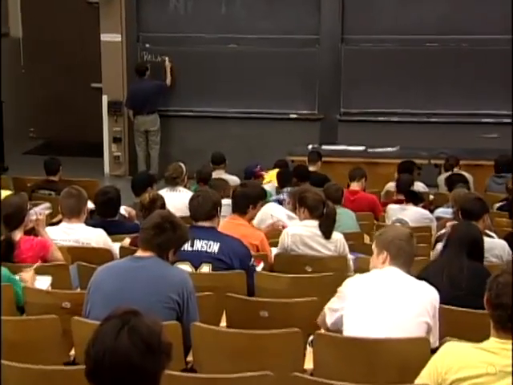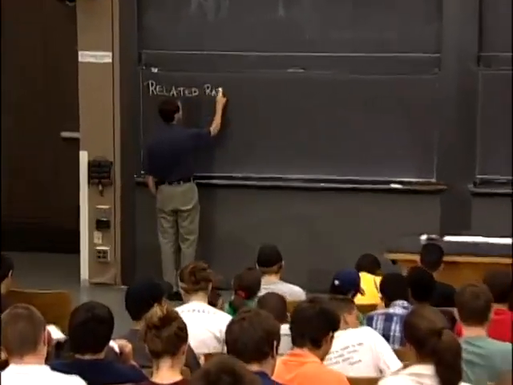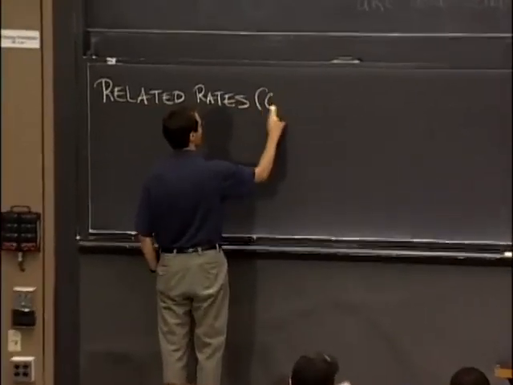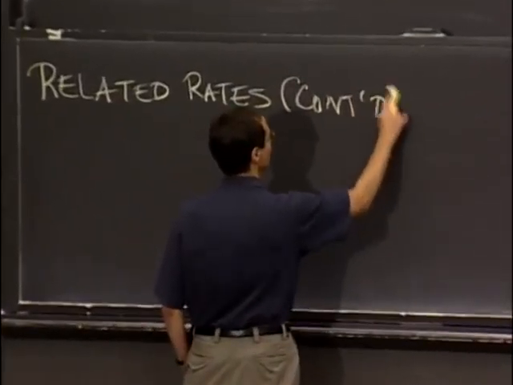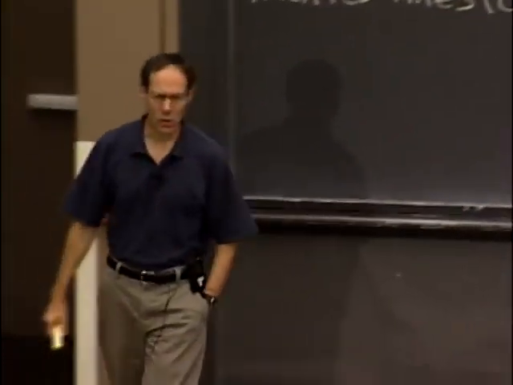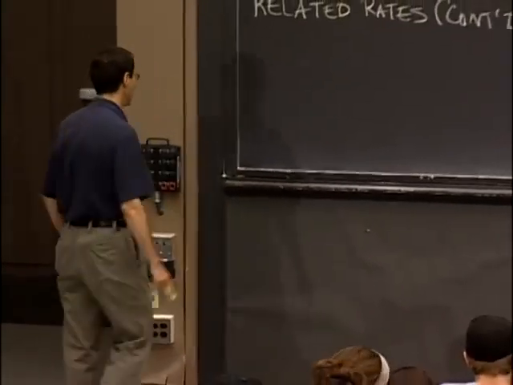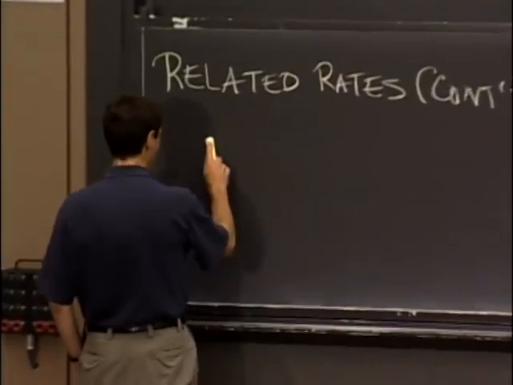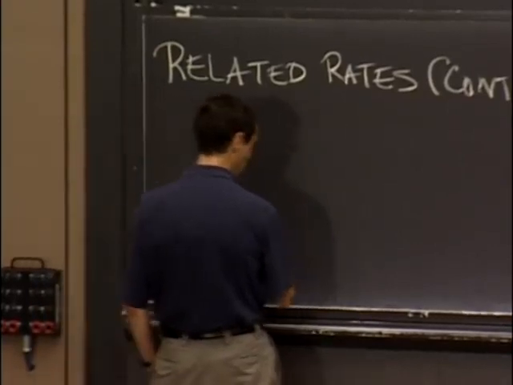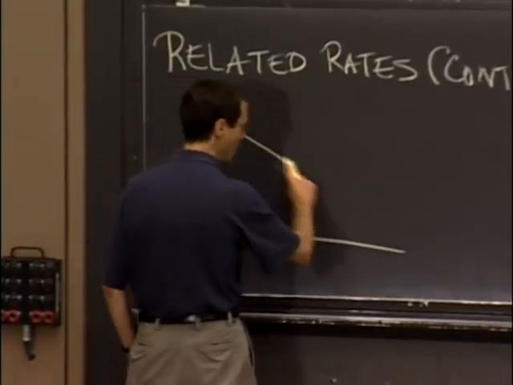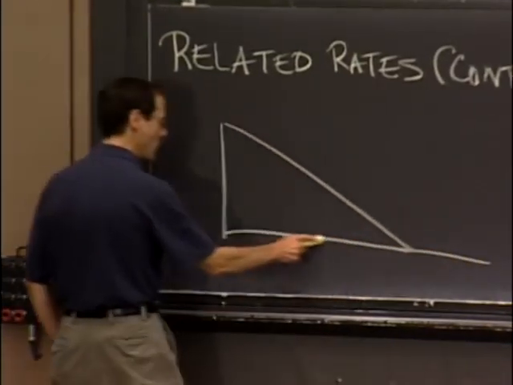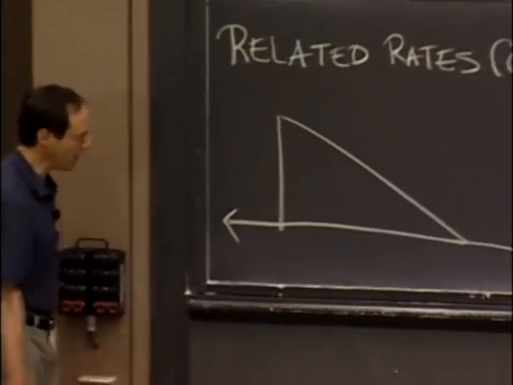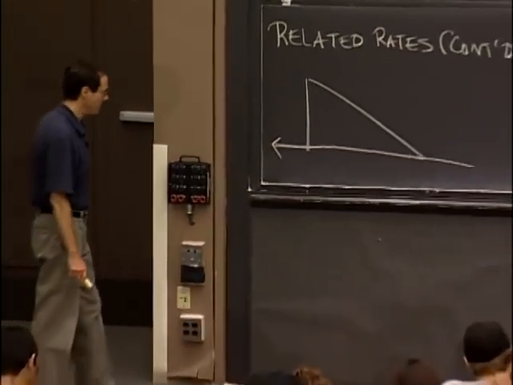Today, we're going to keep on going with related rates. And you may recall that last time we were in the middle of a problem with this geometry. There was a right triangle, and there was a road, which is going this way from right to left.